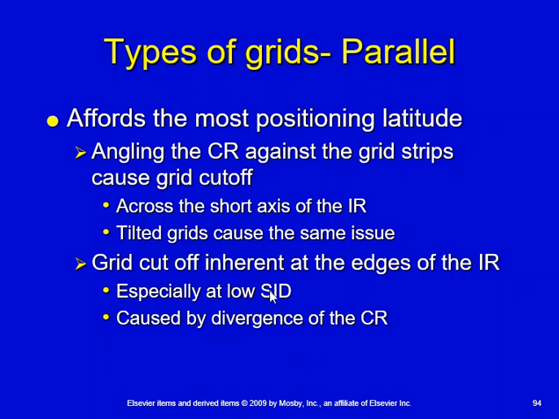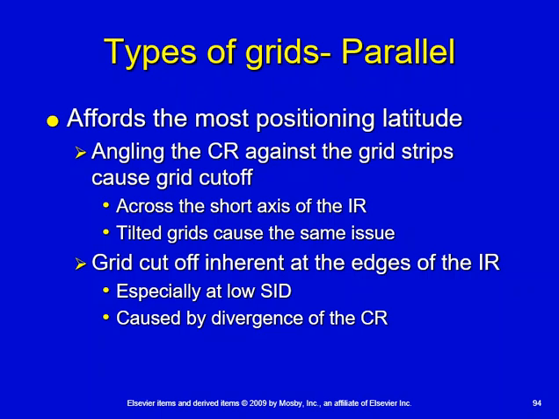So it's especially bad at low SIDs, and that is because your divergence gets greater at low SIDs. If you can imagine trying to cover an image receptor at 72 inches with the light field, it doesn't take a whole lot. Your collimators are not wide open at 72 inches in order to completely cover even a 17 by 17 image receptor.